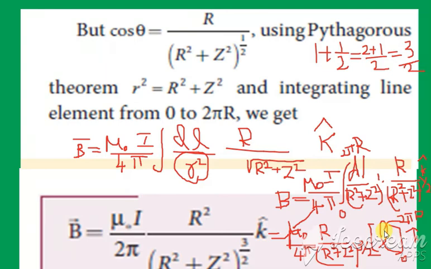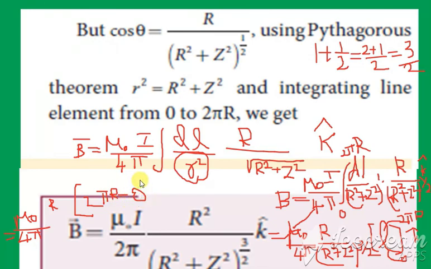It is upper limit minus lower limit, so we get mu naught by 4 pi as it is, into this term also as it is. Only here we are going to apply the limits, so we get r divided by r square plus z square, as it is, into 2 pi r minus 0.